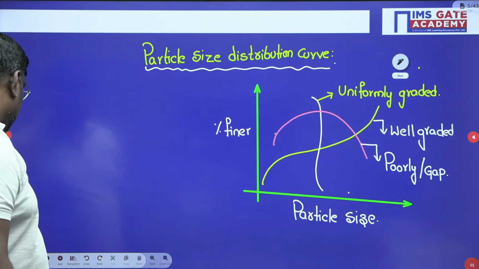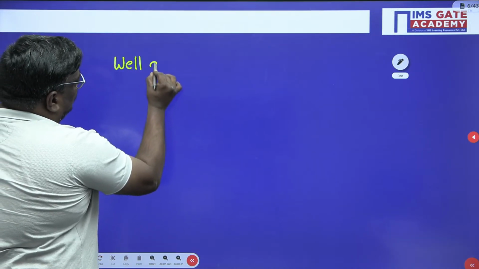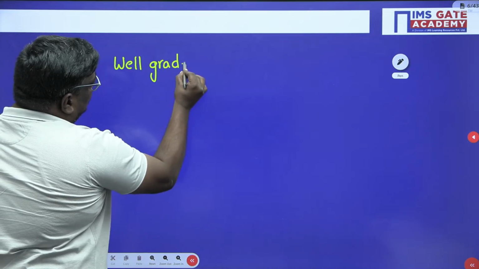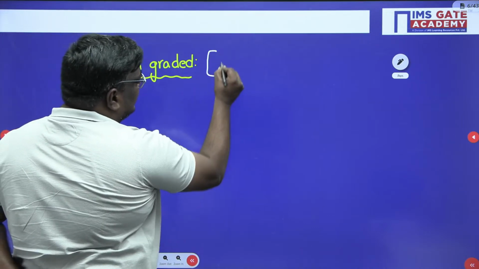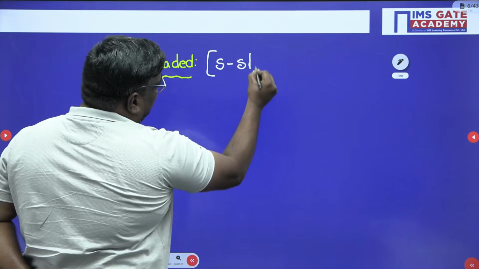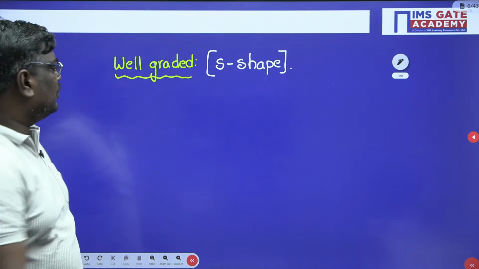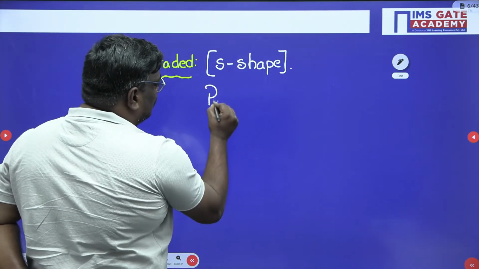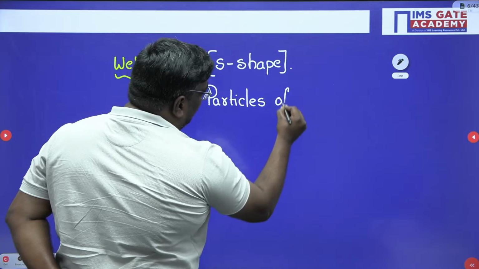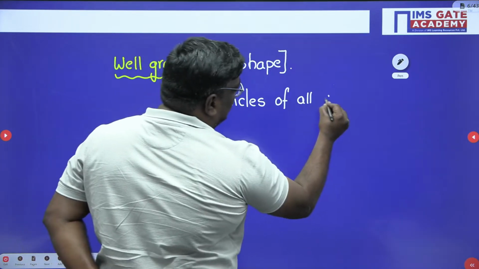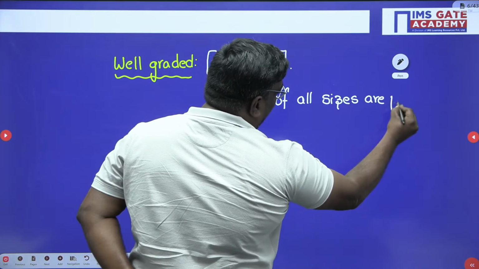So let us understand, what do you mean by well graded soil? Usually the shape recommended for well graded is the S shape. What is the shape recommended for well graded? It is the S shape. In well graded soil, particles of all sizes are present.